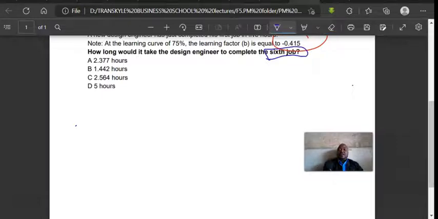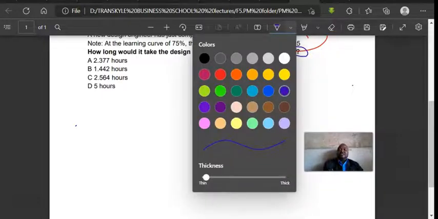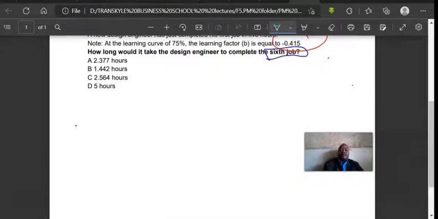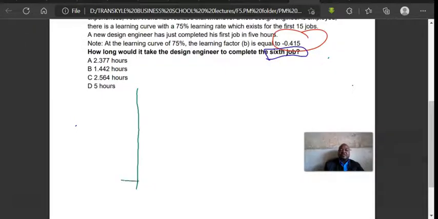Graphically we are simply saying, ladies and gentlemen, we have our graph. Don't mind my poor drawing. We have this graph, ladies and gentlemen. This is our time, this is our output.